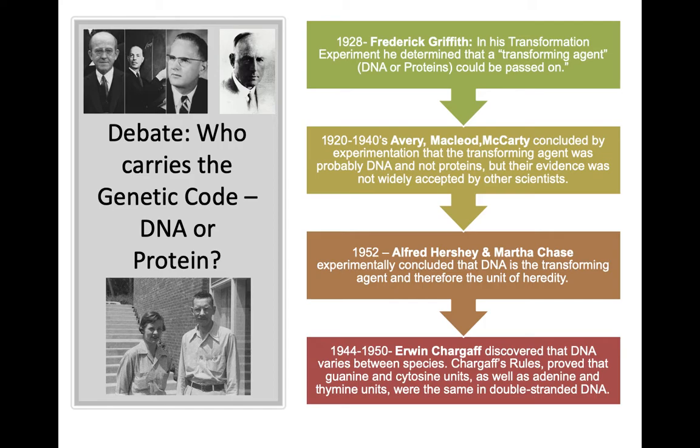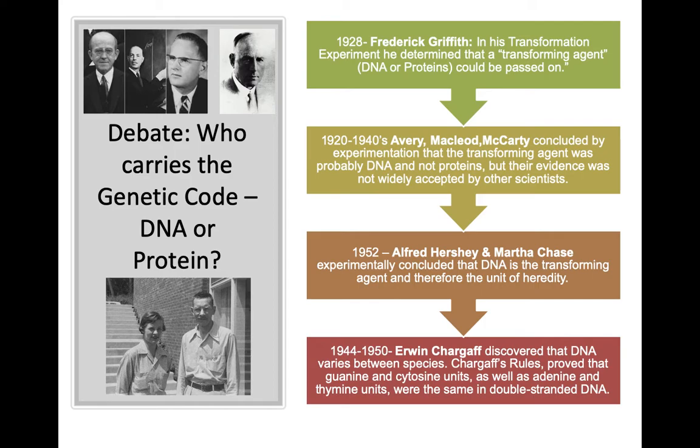So in 1928, Frederick Griffith conducted transformation experiments in rats, and he noticed through experiments that there was indeed a transforming agent that was passed on from a parent to an offspring. That transforming agent carried a disease actually that would kill off his rats.